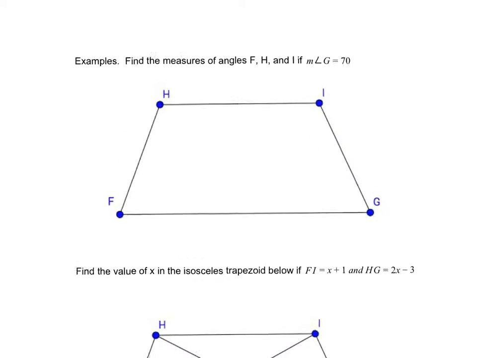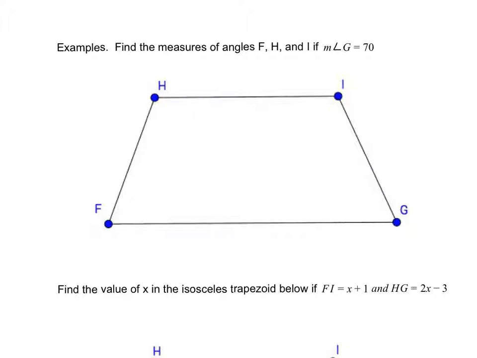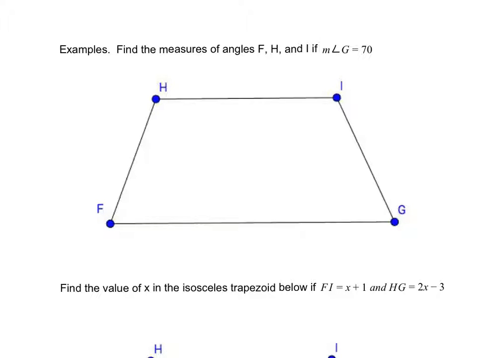So let's go ahead and do some examples. So we want to find the measures of angles F, H, and I if the measure of angle G is 70 degrees. So we know that angle G is 70 degrees. We also know that because this is a trapezoid, HI is parallel to FG, which means we can think of IG as a transversal, which means that I and G have to add to 180 degrees, which means angle I is 110 degrees.